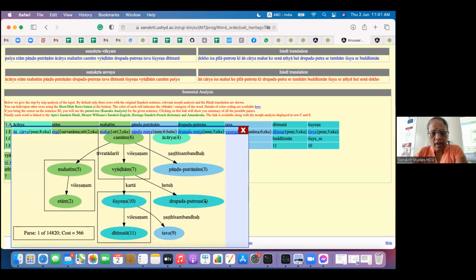And there is one more word, Drupada Putrena, the son of Drupada. And the machine is marking this as the cause, which is wrong. Drupada Putra, the son of Drupada, is the person who is the disciple of him.